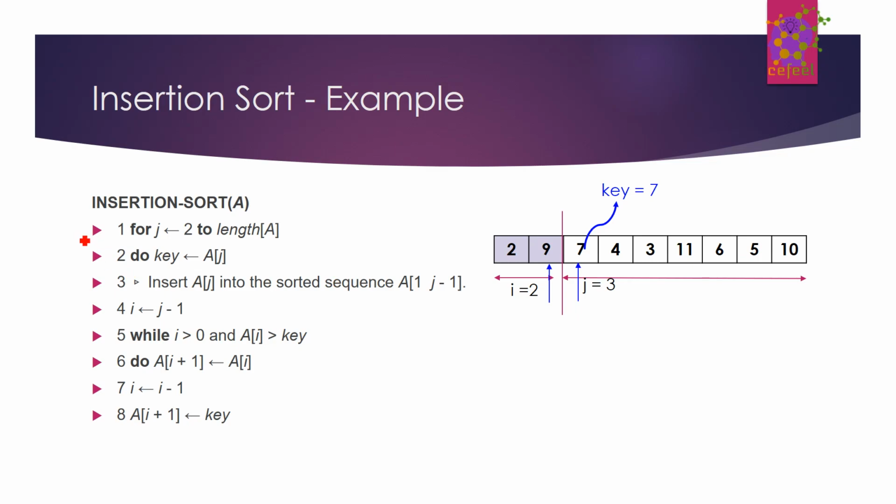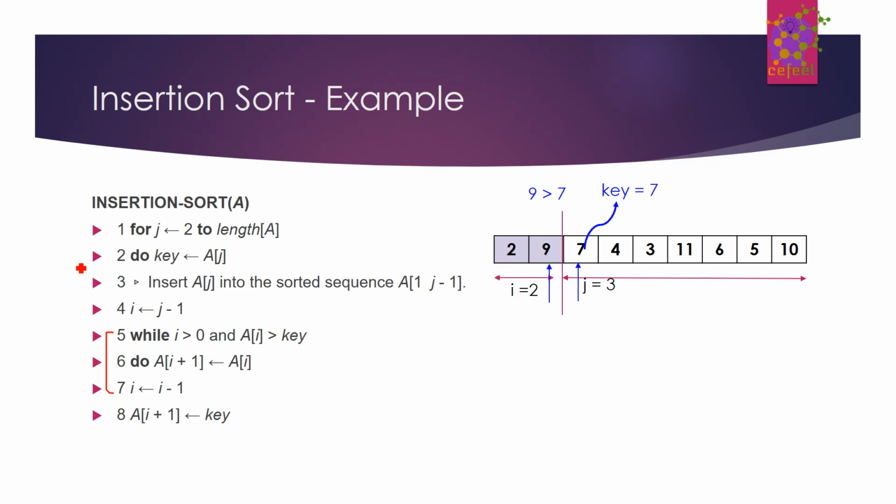Now we come to the inner loop, where we compare if i is greater than 0. i is definitely greater than 0 because i is 2, and A[i] is greater than key. A[i] is 9 and 9 is greater than 7. So we need to push 9 towards the next part of the array and make space for key.